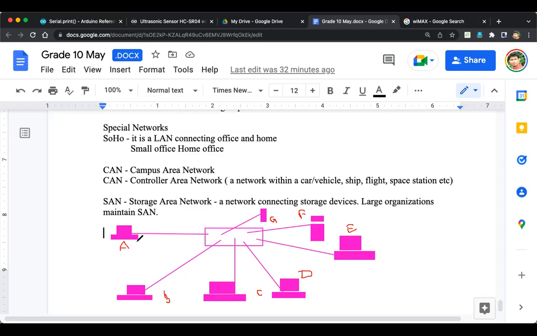Let's say A wants to send a message to D. If this is a hub, A will send the message to the hub. The hub will send the message to B, C, D, E, F, G, and even A.